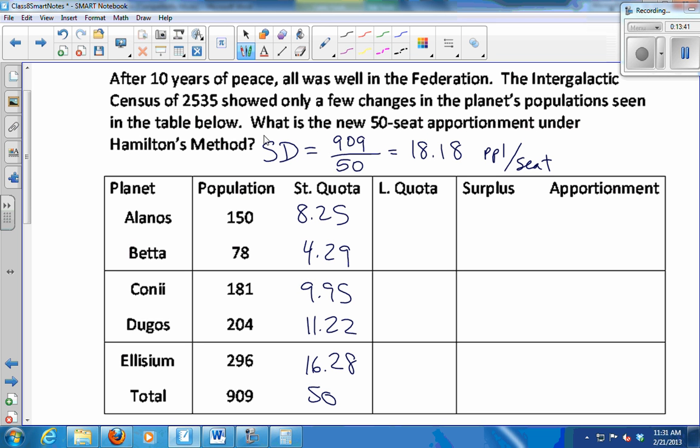So the lower quotas, round them all down. I have 8, 4, 9, 11, 16. And when I add those up, 20, 36, 40, 48. So I have 2 surplus seats to give out. Who do they go to?